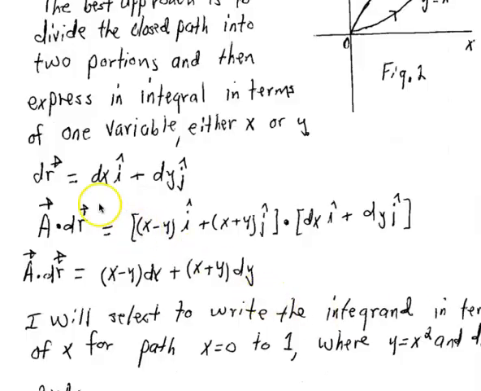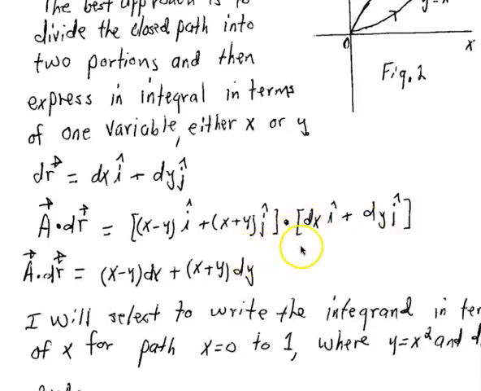In this procedure, dr is equal to dx i plus dy j. So that means the vector A dot dr is equal to the quantity (x minus y) i plus (x plus y) j dotted into dx i plus dy j.